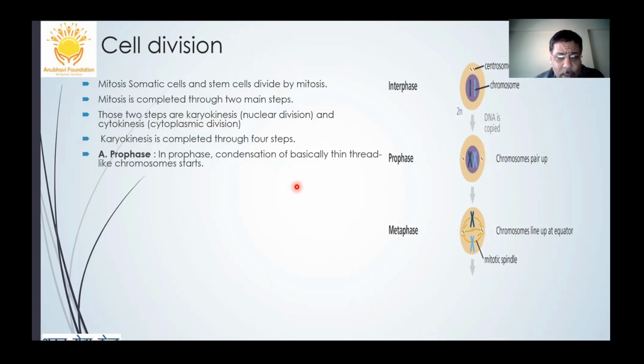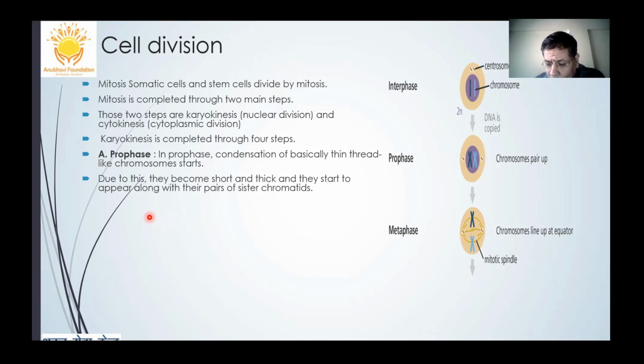The first is prophase. In prophase, the chromosomes start condensing to form thick rod-like structures. So from the chromosome network, it will form thick rod-like structures, and they appear with a pair of sister chromatids. You can see the rod-like structures here.